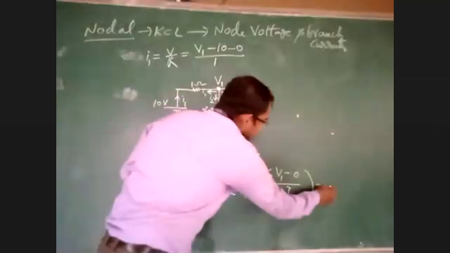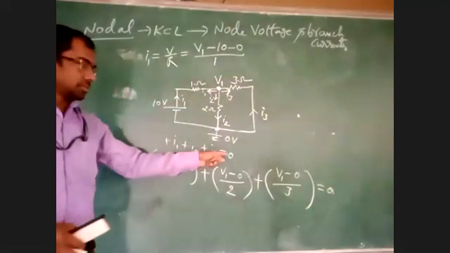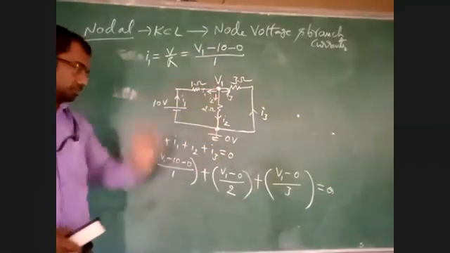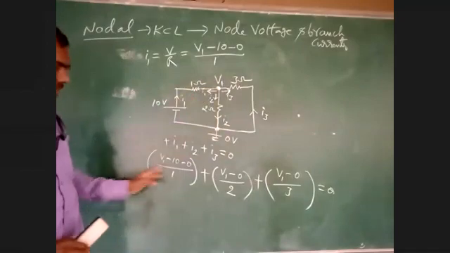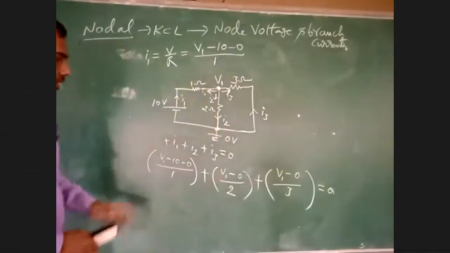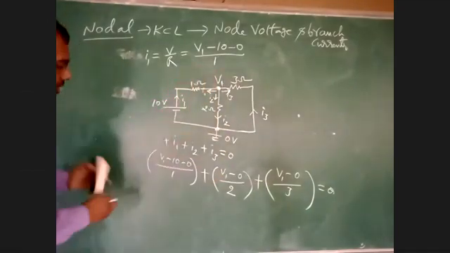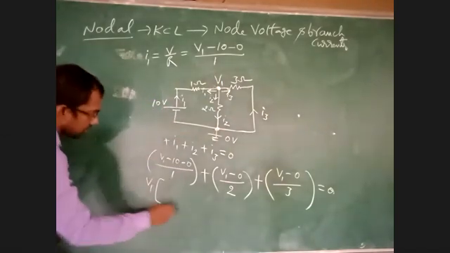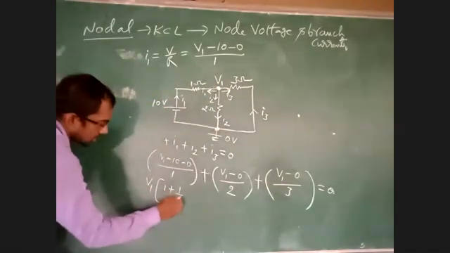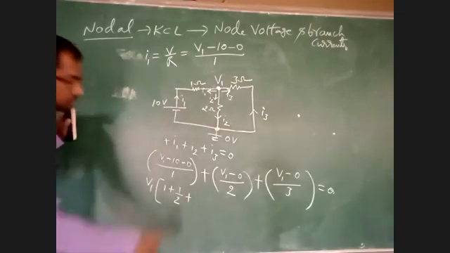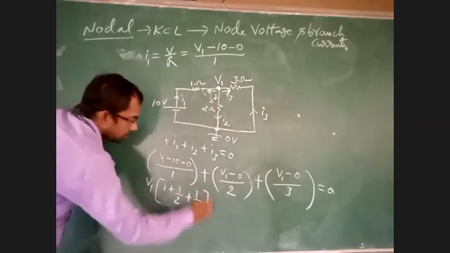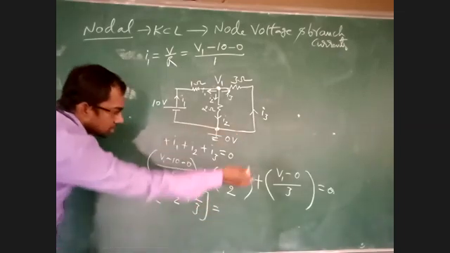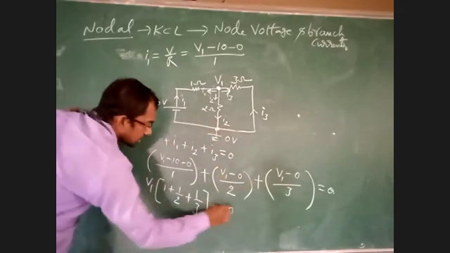This is your algebraic sum of currents meeting at a node is equal to 0. KCL we are applying. This is your equation. Now I want the node voltage. So V1 I am simplifying this equation. 1 plus 1 by 2 plus 1 by 3. This minus 10 comes to that side. That will be plus 10.